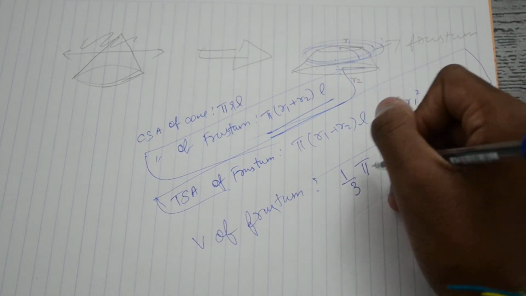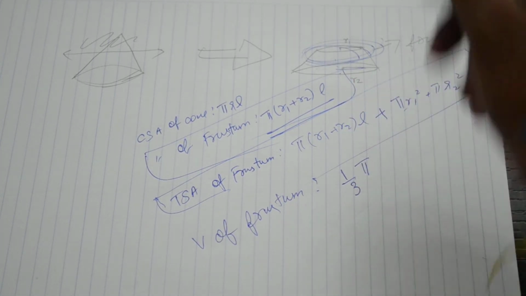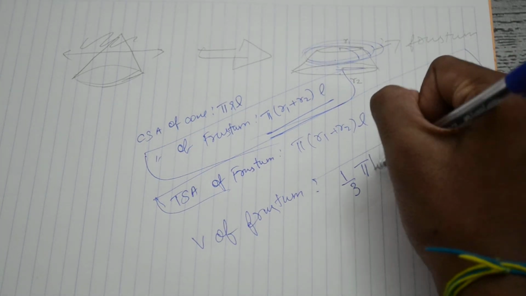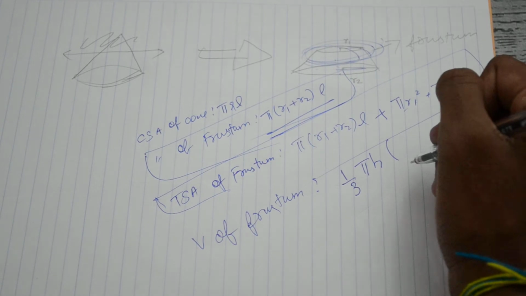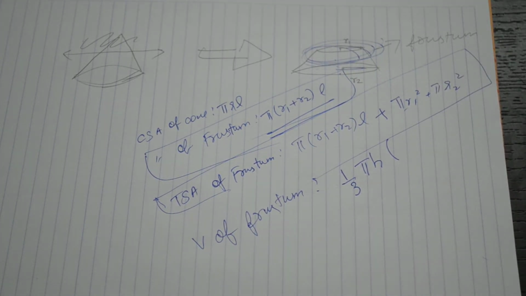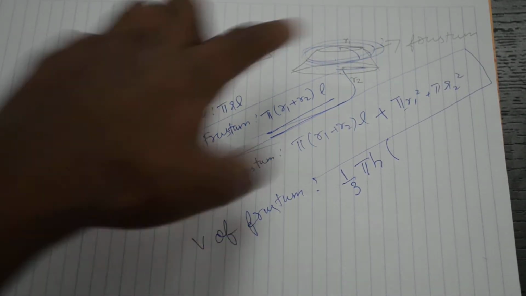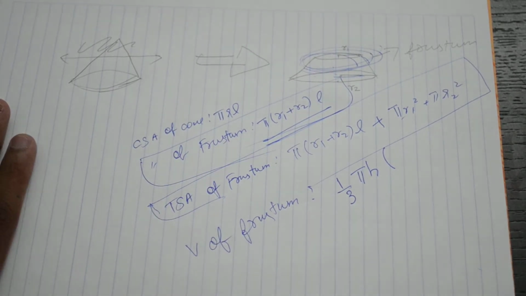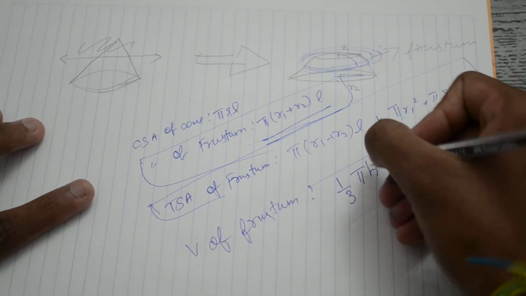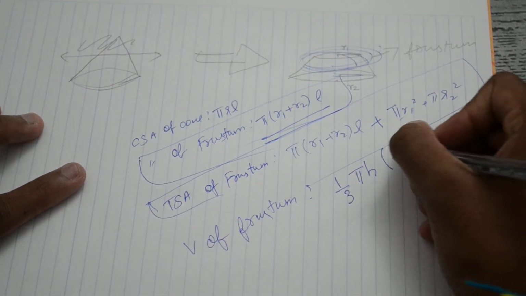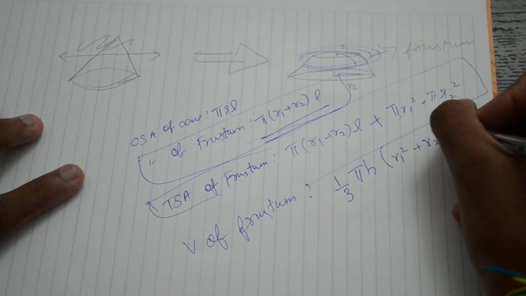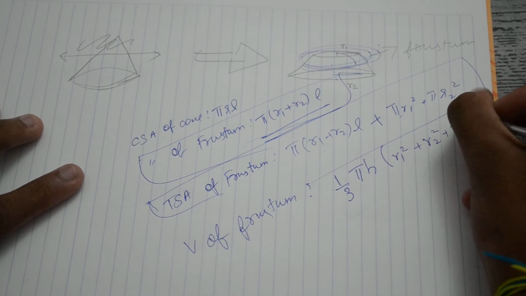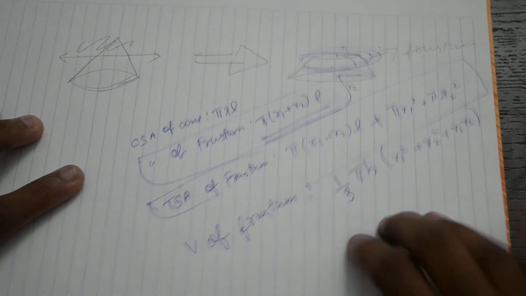So if you remove the radius square, it'll be 1 by 3 pi h. So we have the first part. Now only r square is left, but we have two radii, r1 and r2. So what you have to do is write r1 square plus r2 square plus r1 r2, and that's your volume.